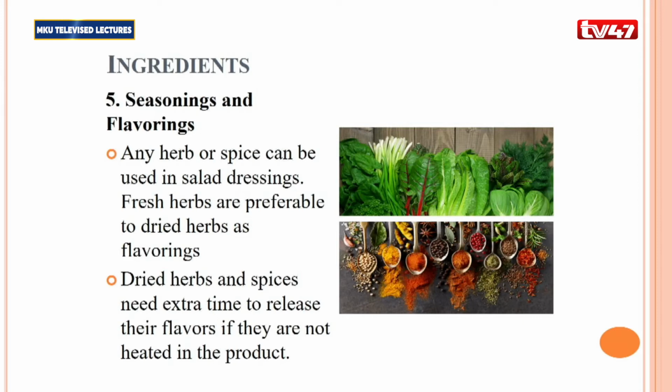But you can also have dried herbs and spices, but they need extra time to release their flavor. So you need to be careful when using them. You can prepare the dressing early in advance so that the flavor is able to be released. But if you're using the fresh ones, the flavor is released as you continue.